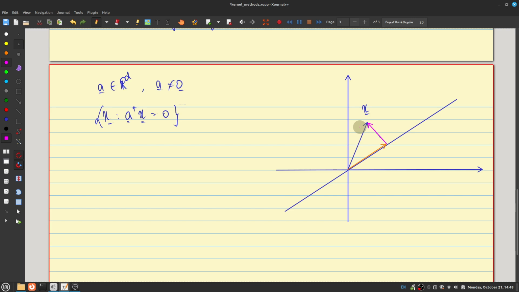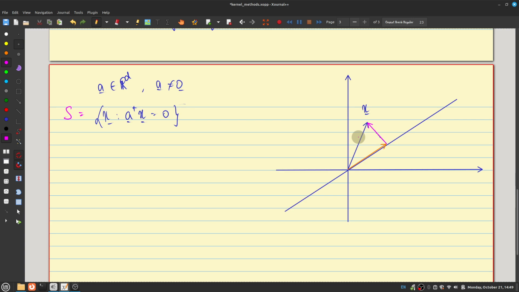Okay, so let's first look at this vector over here. I'm talking about the pink line. What can you say about the vector in this particular direction? It is orthogonal to every vector in this particular set. Let me call this set S. So this vector should be orthogonal to every vector in S. Now can you guess what should be the direction?